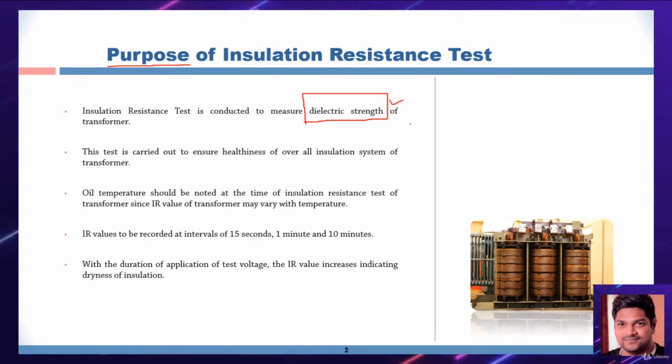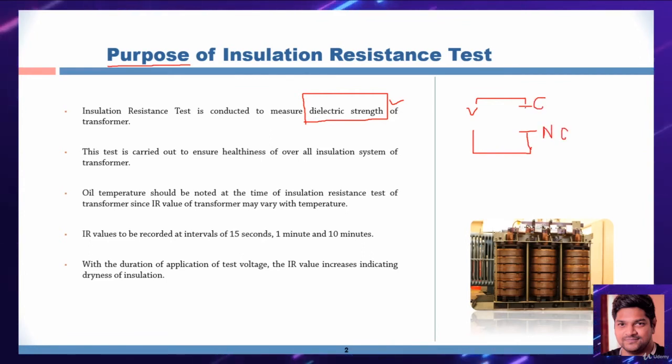And how exactly is this test performed? Well, we apply a measured DC voltage across the conducting and non-conducting parts, and then we measure the leakage current which flows because of the application of DC voltage. That is the way to calculate the resistance.